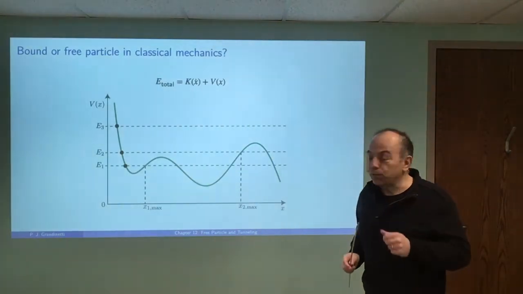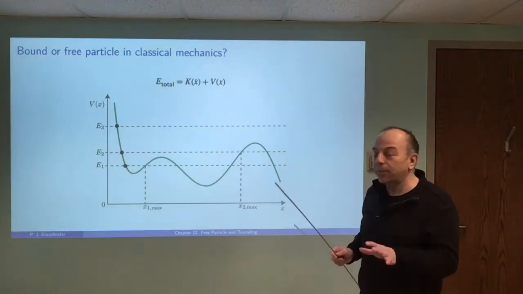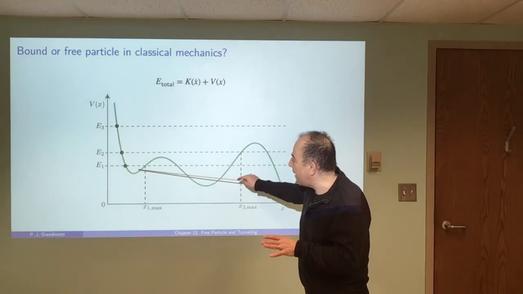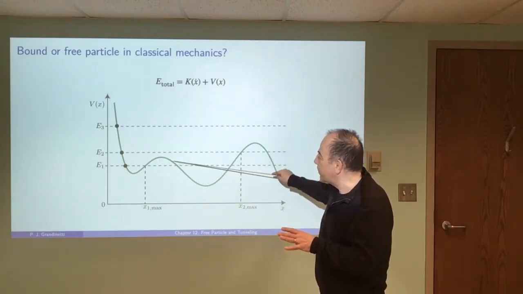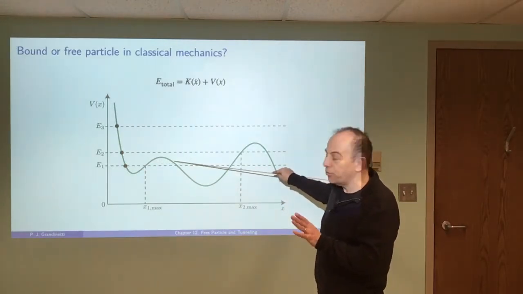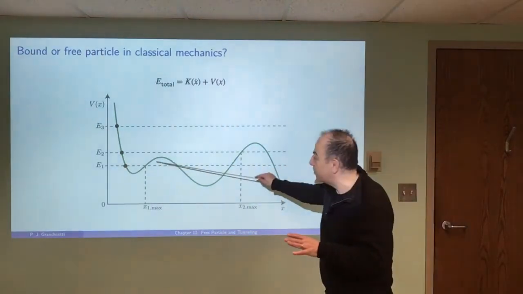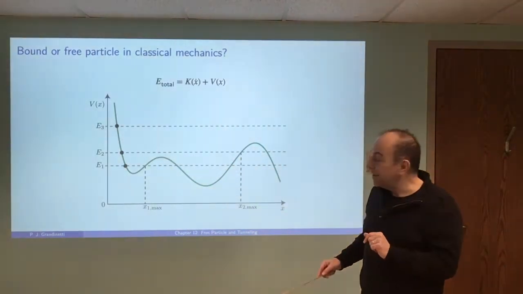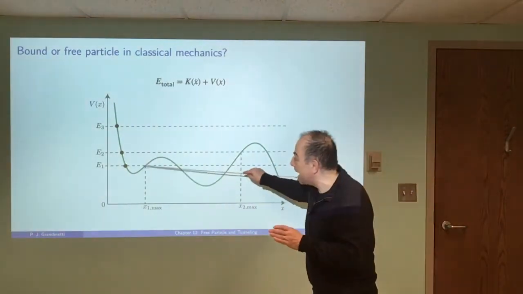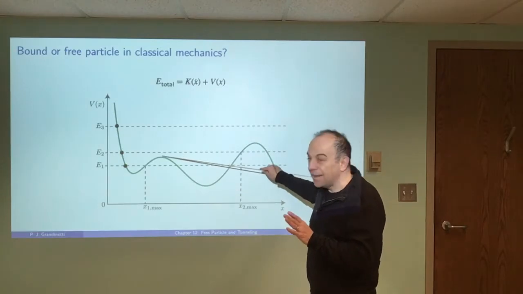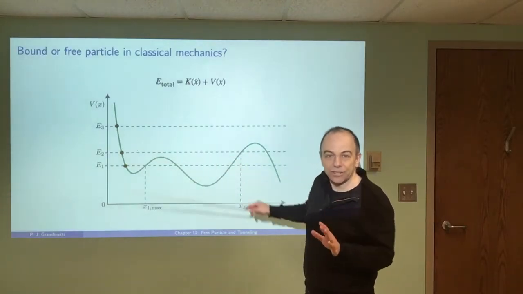In quantum mechanics, we're going to find some very peculiar behavior. We're going to find that particles will actually have the ability to tunnel through potential barriers even if they don't have enough kinetic energy to overcome them. Additionally, we'll find that even when they encounter these barriers with enough kinetic energy to overcome them, they still will bounce back to a certain extent.